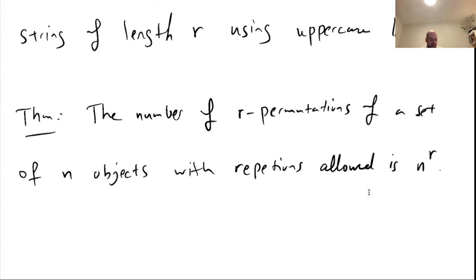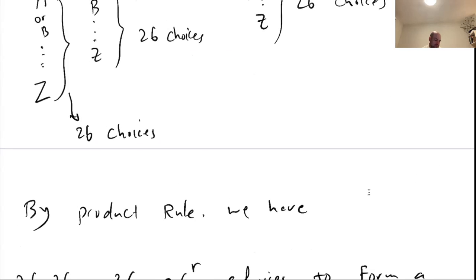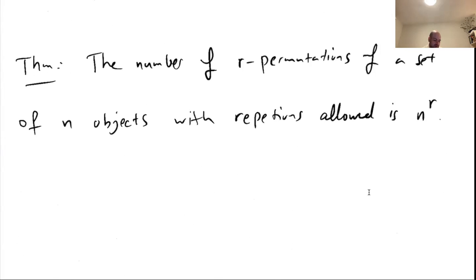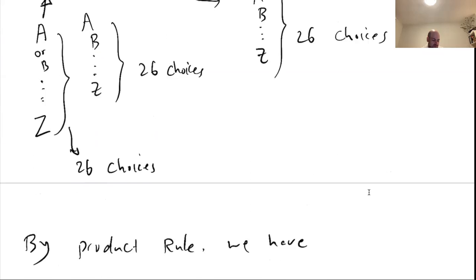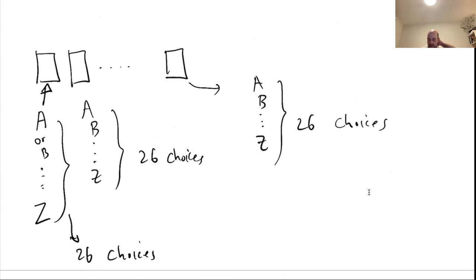So same idea, instead of 26 and r, we can do the same. When you want to choose r objects out of n objects, and repetition is allowed, the proof is exactly what we said. Instead of 26 choices, you write n choices.